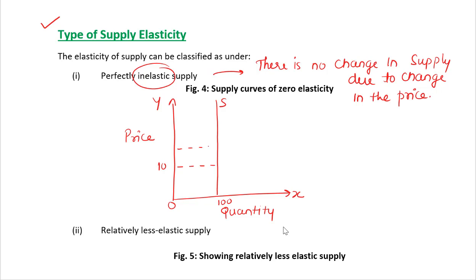When the price increased to 20, the supply is still 100. When the price came down to 5, the supply is still 100. So it is not changing because it is inelastic, perfectly inelastic. I believe it is clear.